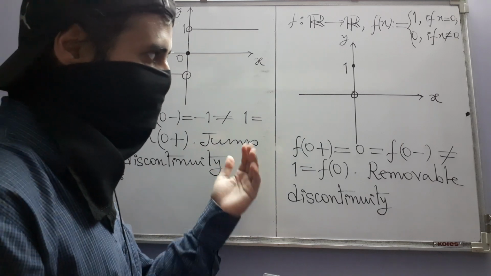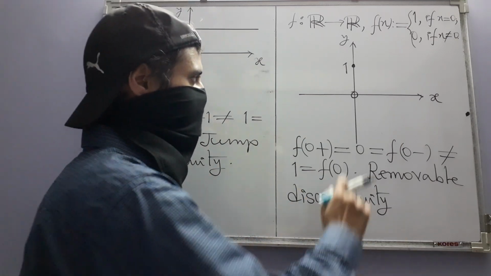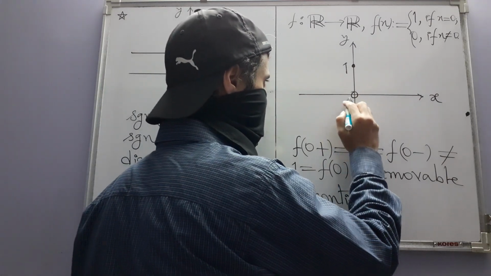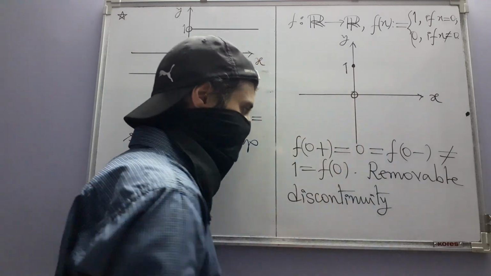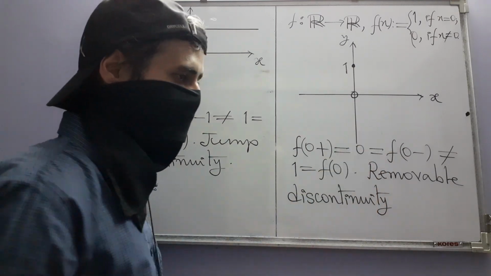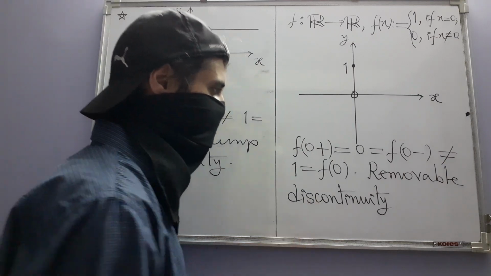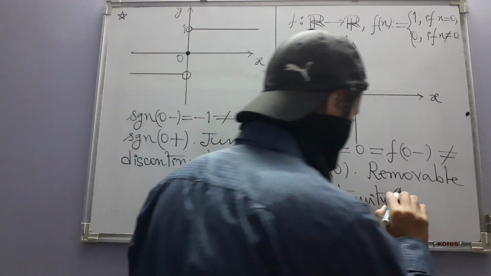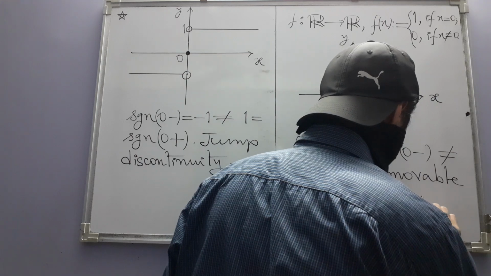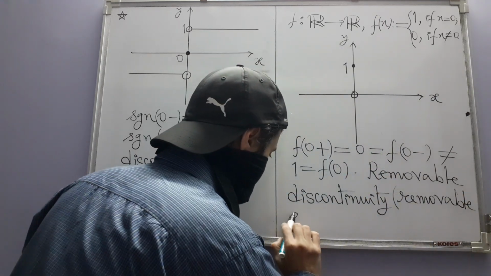So if instead of this function you consider that other function, by redefining the value at 0 and thus removing this discontinuity, you will then get a continuous function. That's why it's called removable discontinuity or removable singularity.